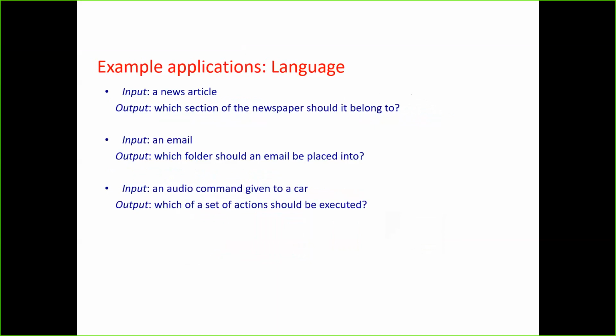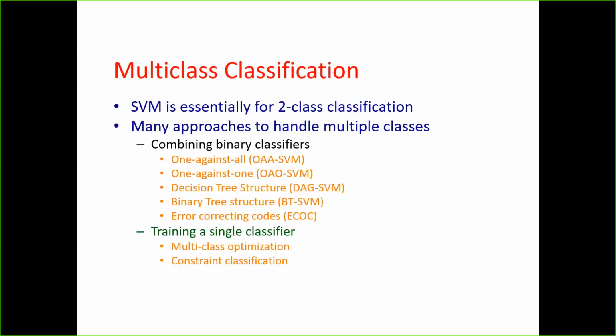News article prediction: which section should the article belong to? It can be political news, cinema news, or crime news. More than 2 classes are there. Email: which folder should an email be placed into? More than 2 folders. So it is also an example of the multi-class classification problem. Like this, there are various other applications.